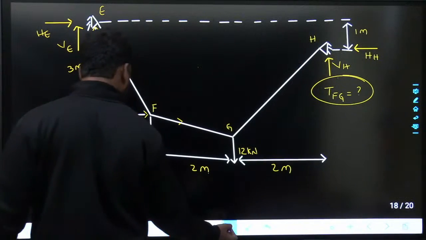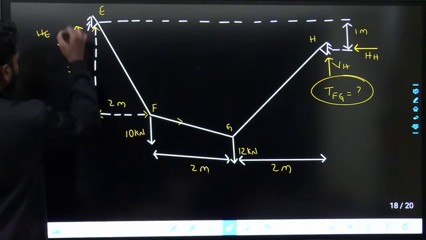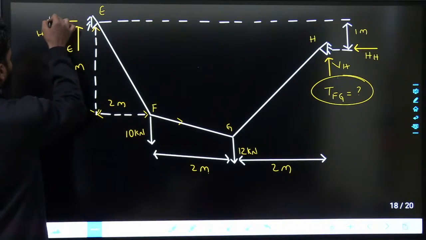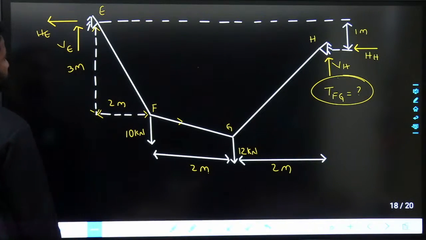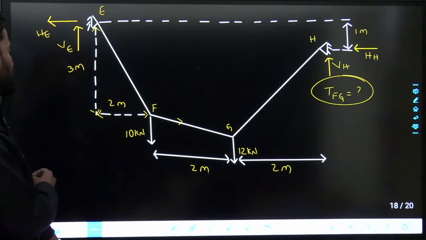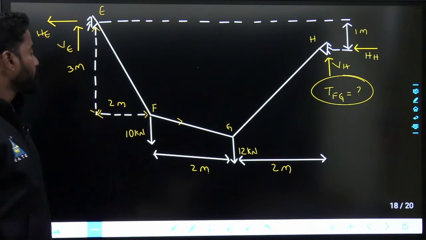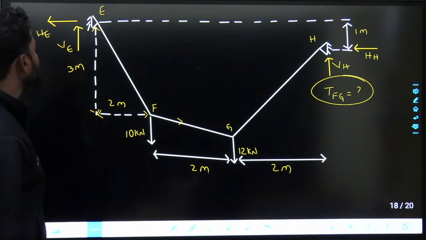Assumed direction is wrong means it is something like this, in the reverse direction. Fine. That is how you will get that. Okay. I hope there are no doubts in this.